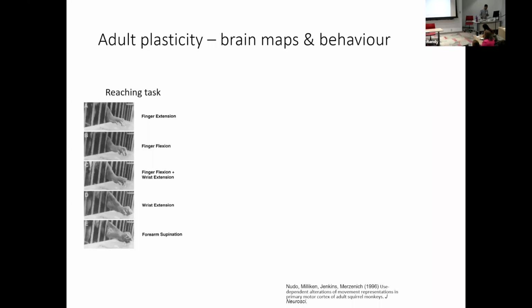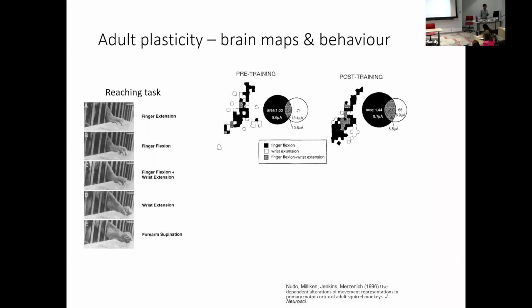And before and after training, they are creating motor maps, moving electrodes around the motor cortex of these animals, and electrically stimulating and evoking movements. And they are focusing on part of the map that's evoking the movements that are used in this trained task.